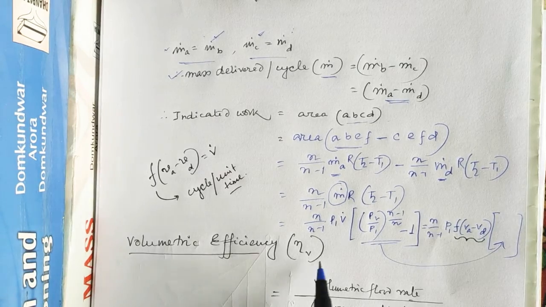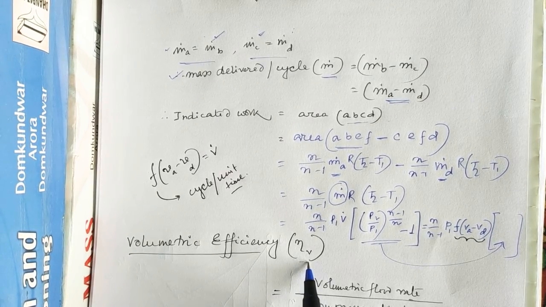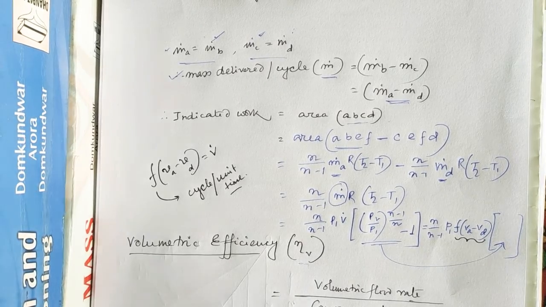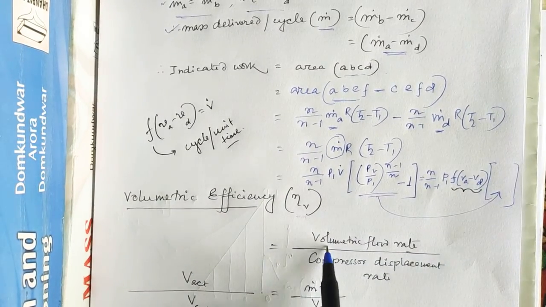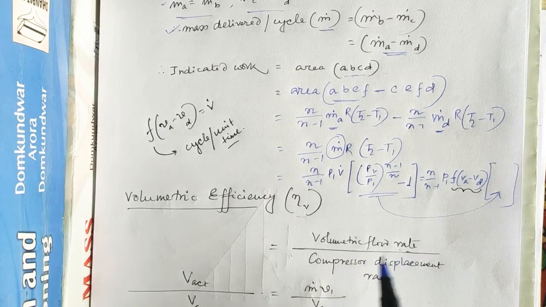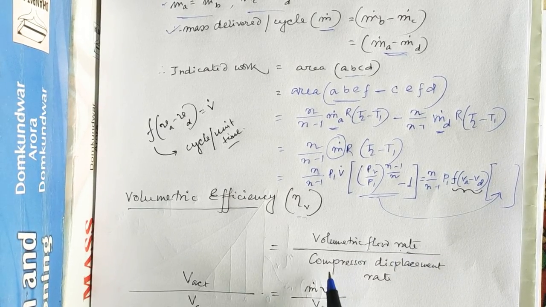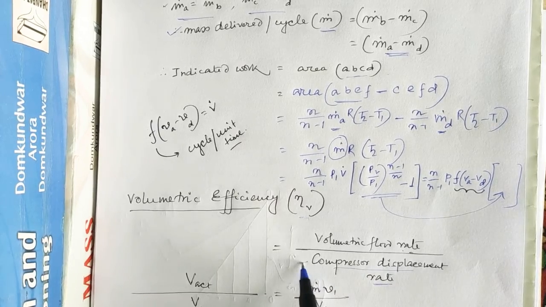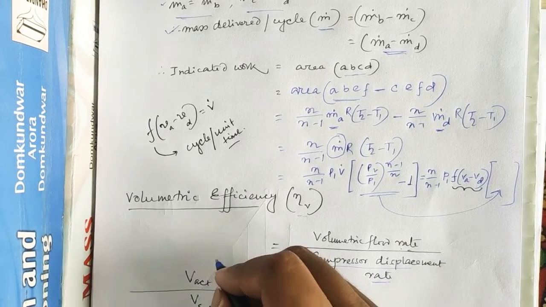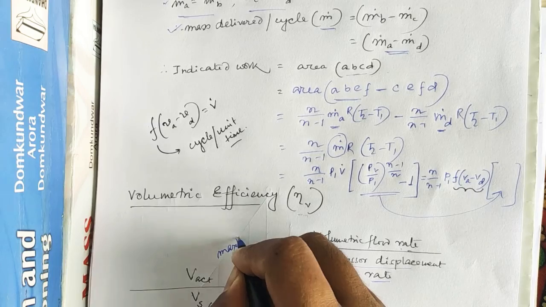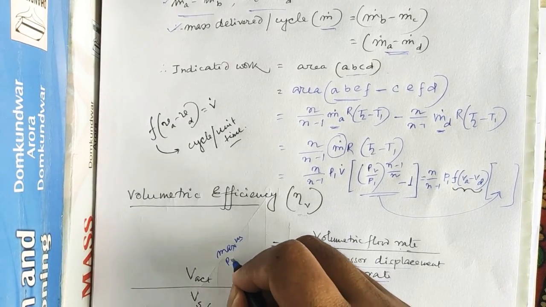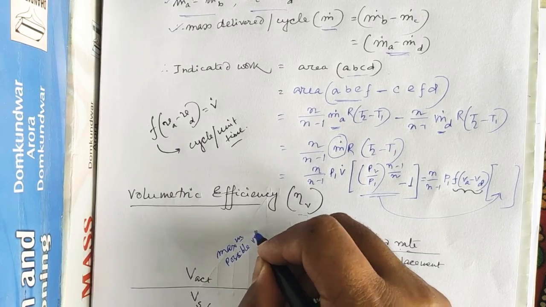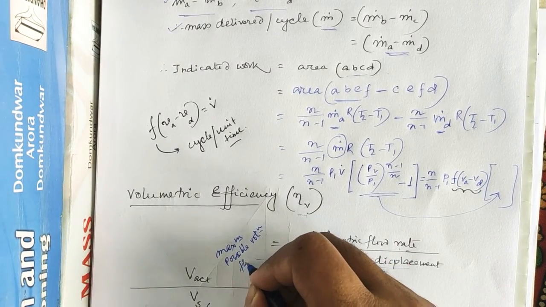Volumetric efficiency, denoted as eta V, can be defined as the ratio of the volumetric flow rate of the refrigerant to the maximum possible volumetric flow rate, that is also known as the compressor displacement rate. This is also termed as the maximum possible volume flow rate.